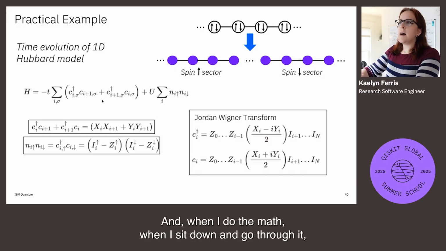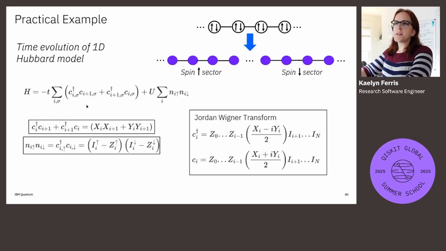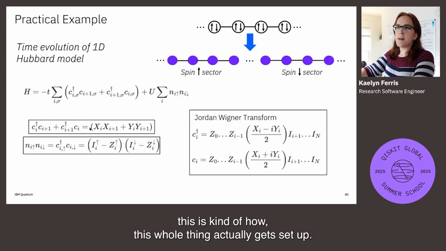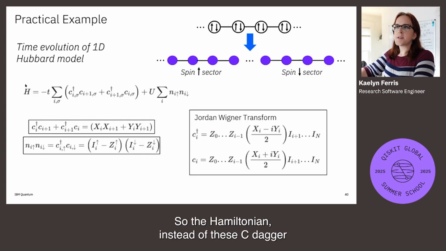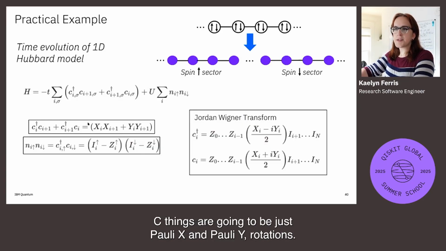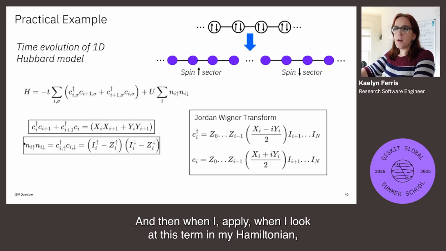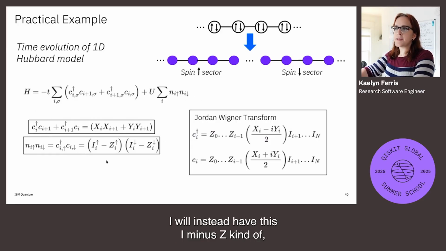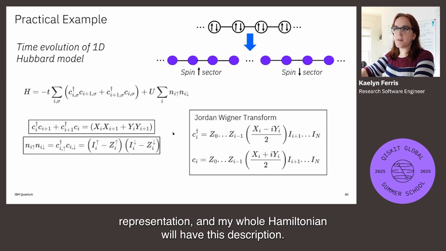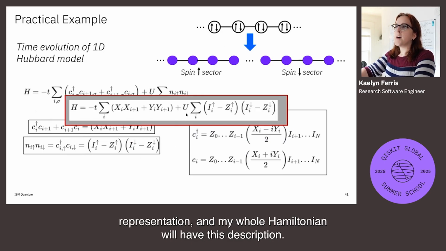When I sit down and go through the math, this is how this whole thing gets set up. So the Hamiltonian, instead of the C dagger C terms, is going to be just Pauli X and Pauli Y rotations. And when I look at this term in my Hamiltonian, I will instead have this I minus Z representation. And my whole Hamiltonian will have this description.